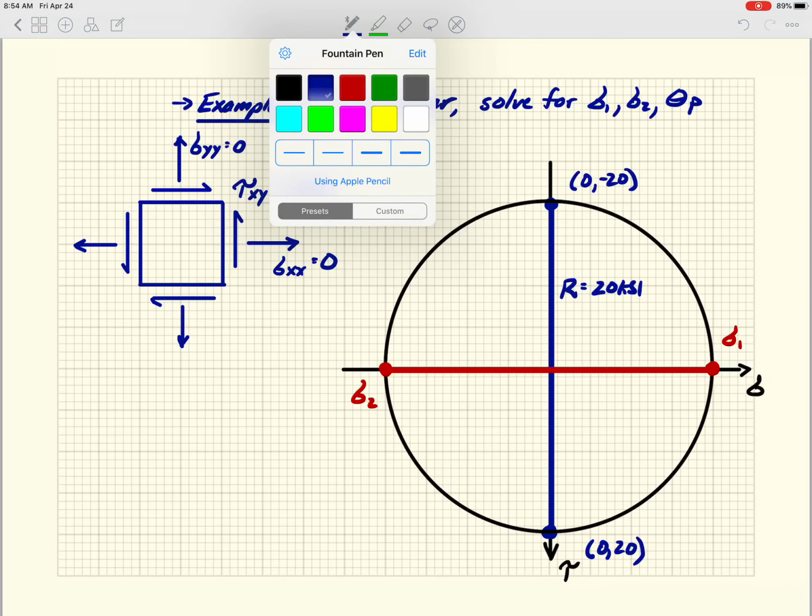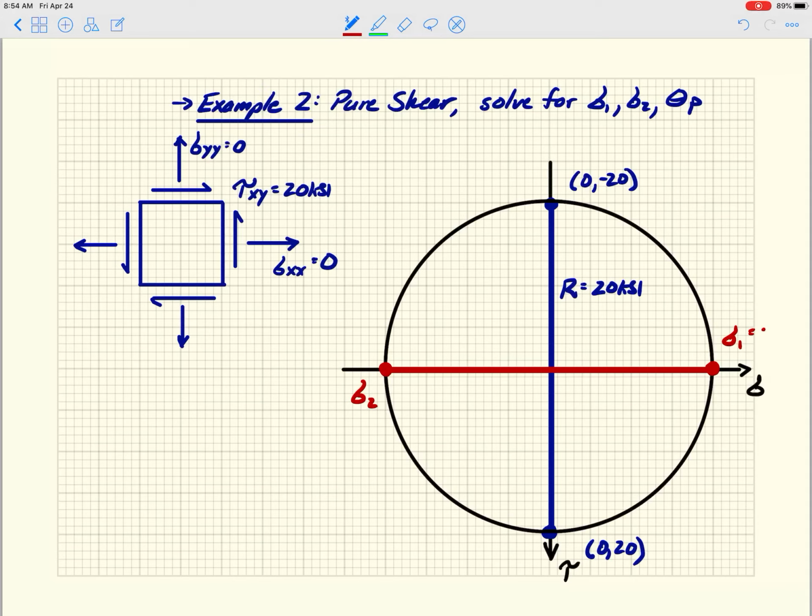The other thing that we can see here is that sigma 1 should equal 20 ksi, and sigma 2 should equal minus 20 ksi. Again, it's just the radius. The center is at 0, 0, and therefore the center plus R and the center minus R give me my sigma 1 and sigma 2.